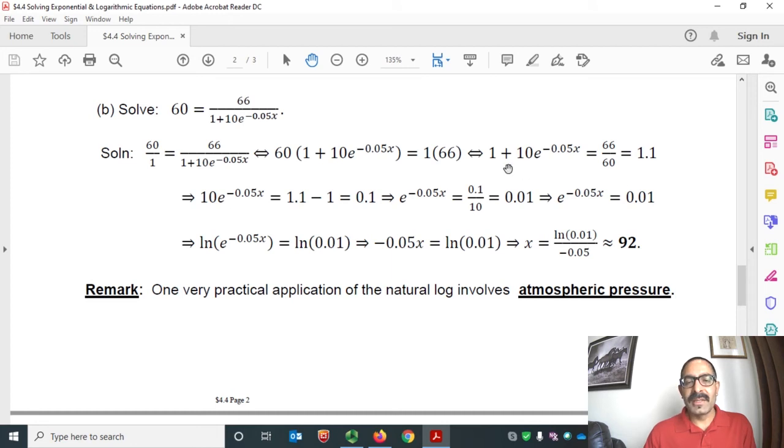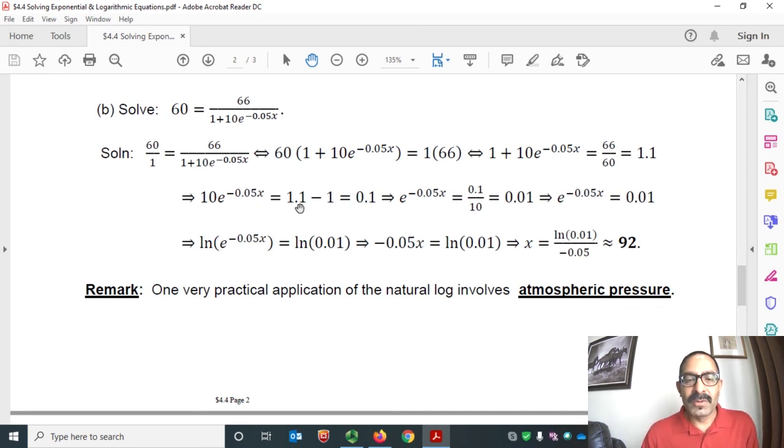In the next step, subtract 1, because our goal is to find the value of x, so let's try to isolate these terms. So then 10 times e to the power negative 0.05x equals 1.1 minus 1. I hope this algebra makes sense to you all so far.